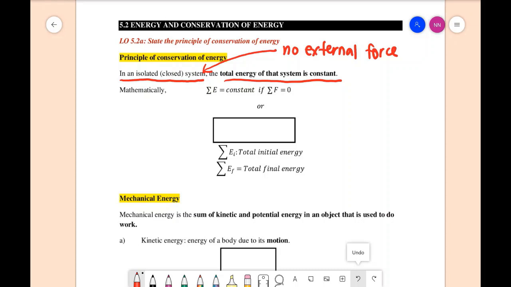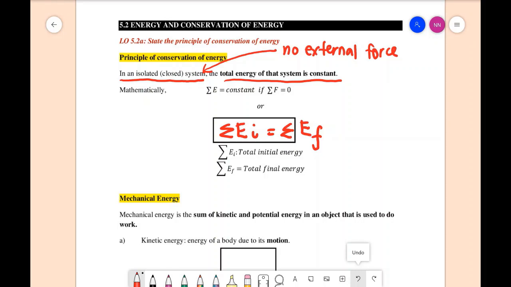In mathematics, summation E is constant if summation F equals 0, or total initial energy equals total final energy. Energy means we have to consider all kinds of energy, including kinetic energy, potential energy, elastic potential energy, and energy loss due to friction.